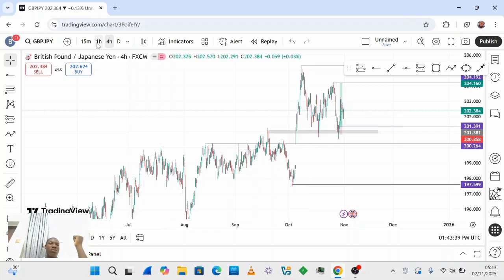As long as you know the market structure very well, you can create your own strategy. You don't need to use 10 confluences before taking a trade. You don't need to know everything.